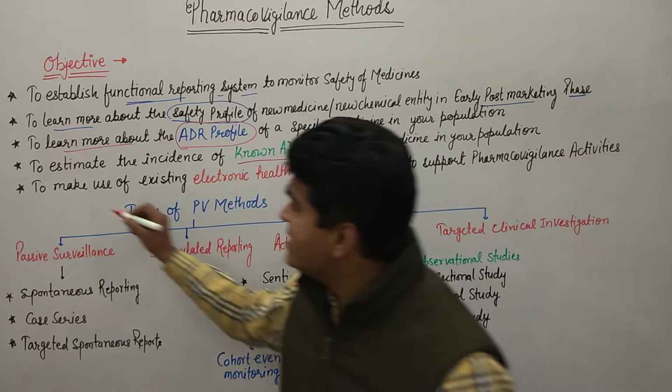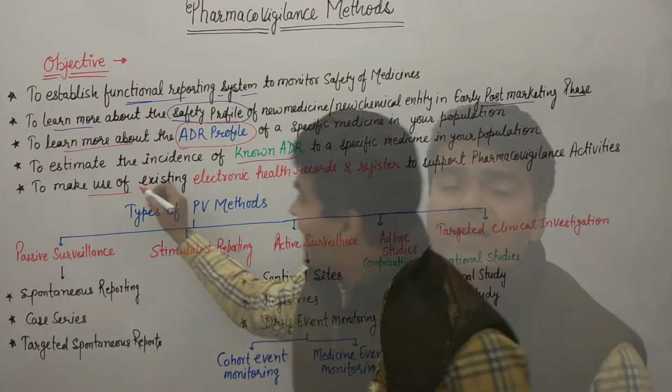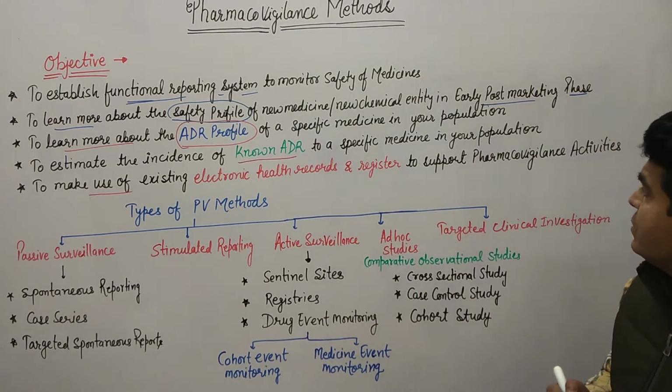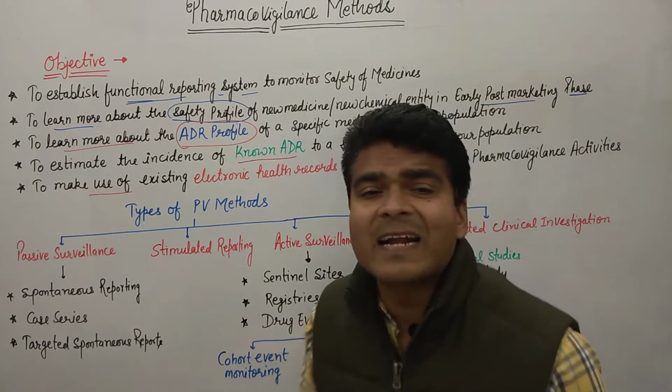And the next one is to make use of existing electronic health records and registers to support pharmacovigilance activities.